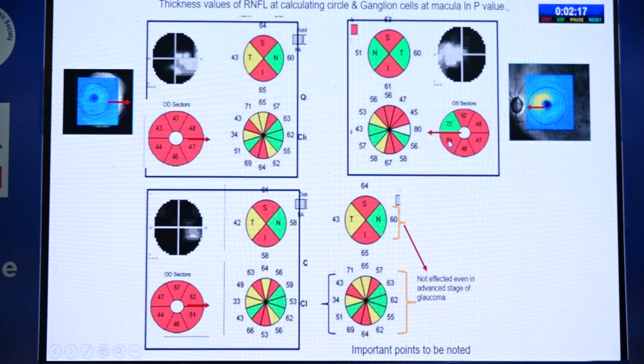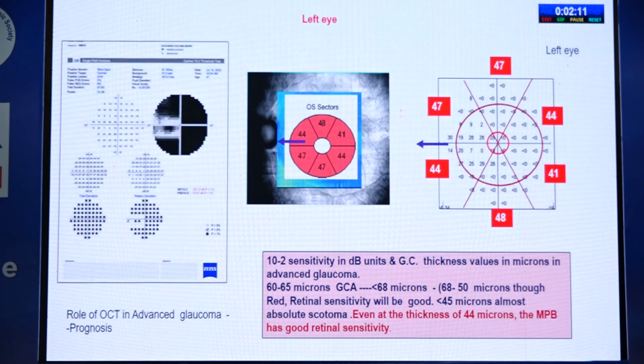This is the papillomacular bundle. In this patient, looking at the visual fields and the GCC, even when the papillomacular bundle thickness has fallen to 40 microns, the patient still has some amount of visual field. But when it falls to 48 in the superior and inferior halves, you can see there are absolute scotomas.